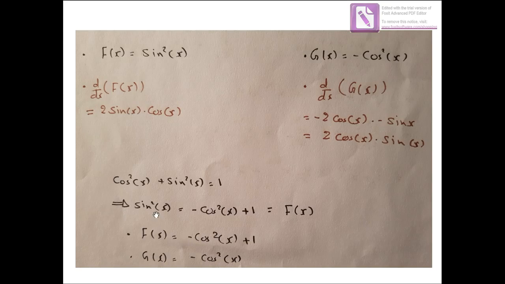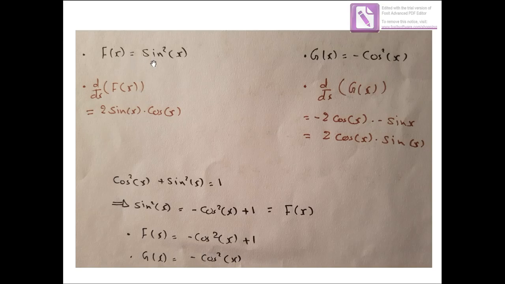So from here we see that sine squared x, which is f of x, is equal to minus cosine squared plus 1. So from here we conclude that g of x is equal to minus cosine squared x, so f of x is equal to g of x plus 1. So this is the relation between these two functions.